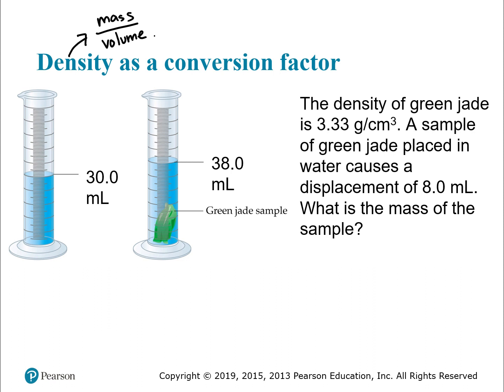For solids, the units are grams per centimeter cubed. For liquids, we'll use grams per milliliter.